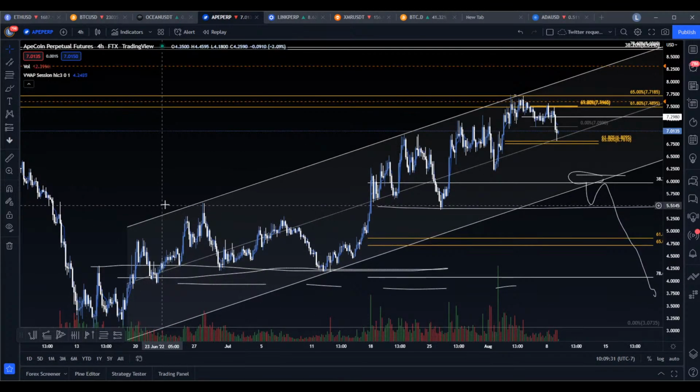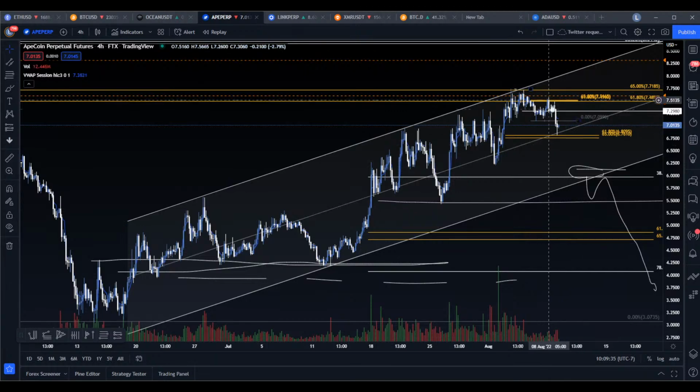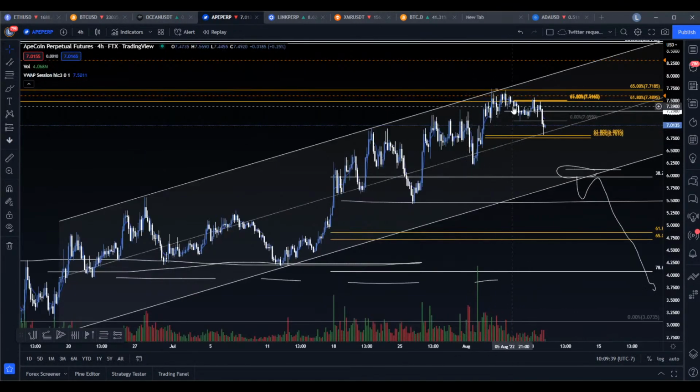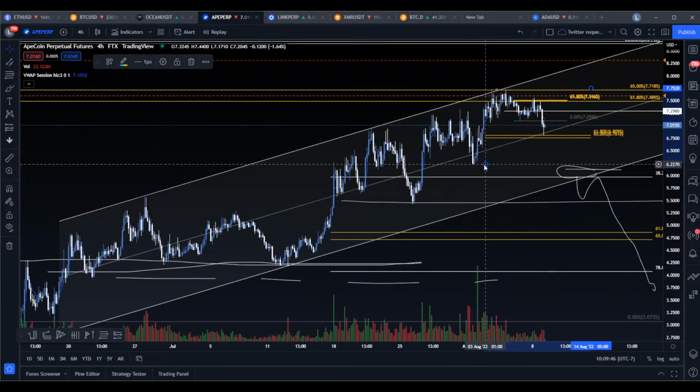Again, ascending trend line idea here, possibly to form a channel. Obviously, we're getting a local reaction here, but I'm not that interested in longs.